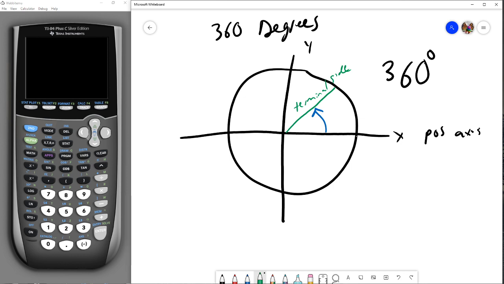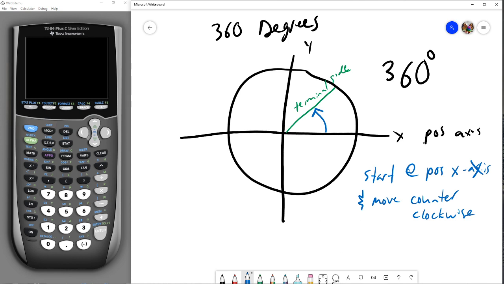So we're going to want to think about our angles as starting from the positive x-axis and moving counterclockwise. Okay, start at positive x-axis and move counterclockwise. All right.